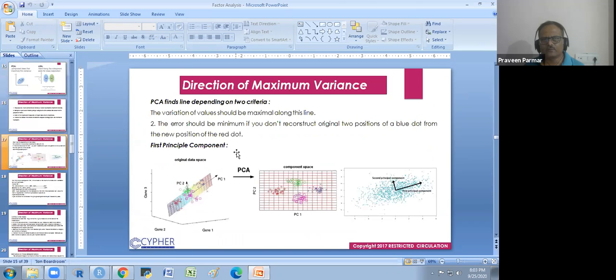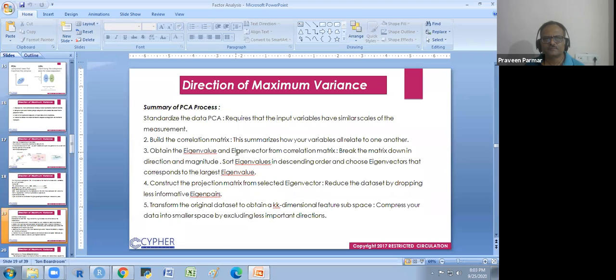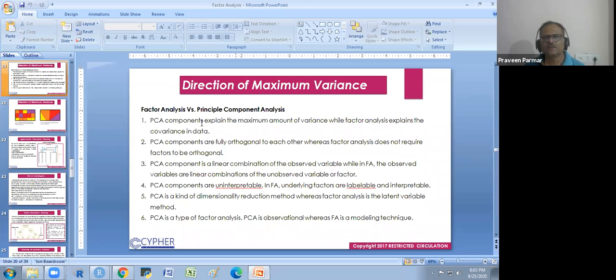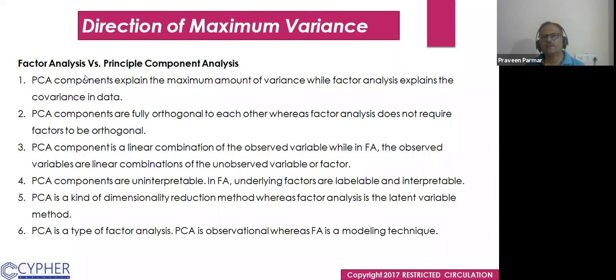Here I have given the difference between both. Factor analysis versus principal component analysis. The PCA component explains the maximum amount of variance, while factor analysis explains the covariance in the data.